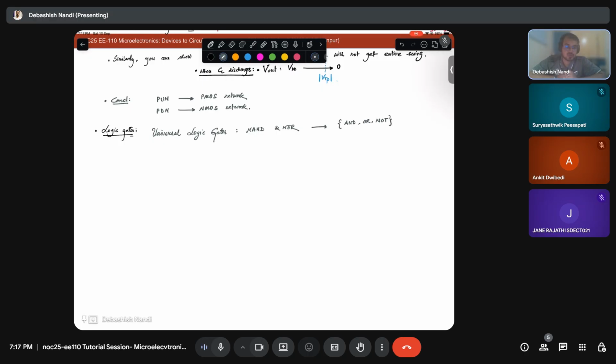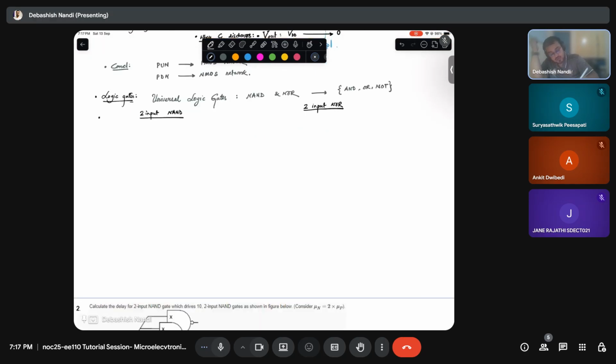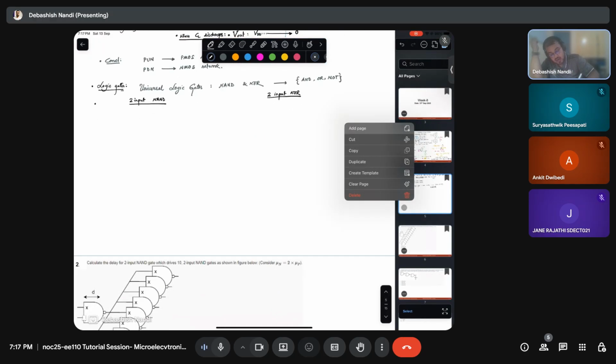So that is why I will design the NAND and NOR gates. Fine. So let us design 2-input NAND gate and 2-input NOR gate parallelly. So what are the truth tables of NAND and NOR gate?